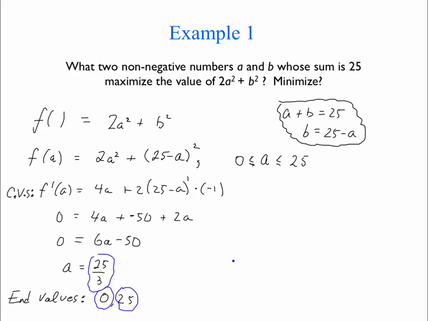We're going to do f of each of those: f of 0, f of 25 thirds, and f of 25. The maximum and minimum of f on that domain has to come from one of those three a values.